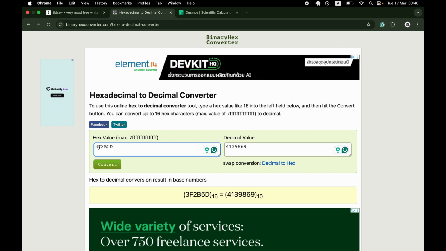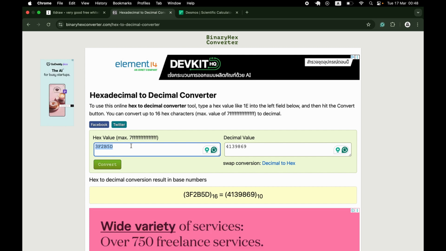Here 3 is a digit, F is a character. This is a hash code, not an RGB code. When we change this hexadecimal value to decimal, the resulting value is 4139869.